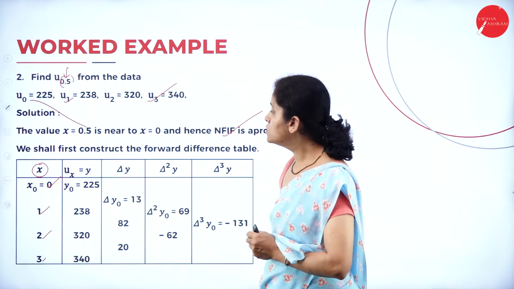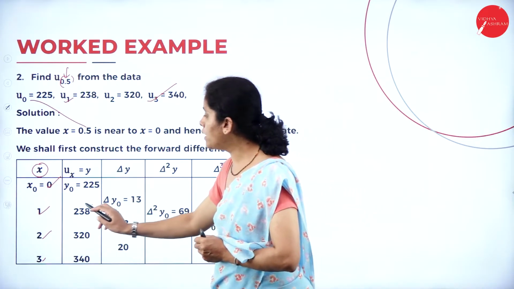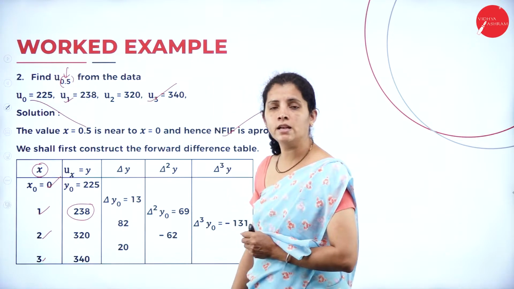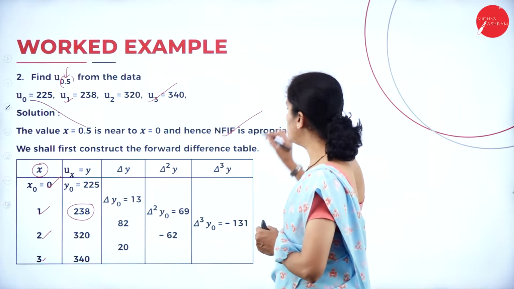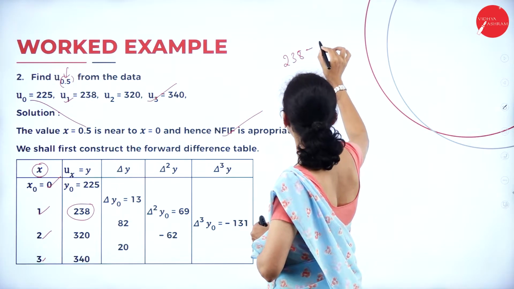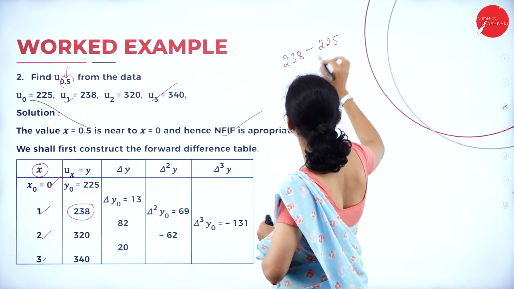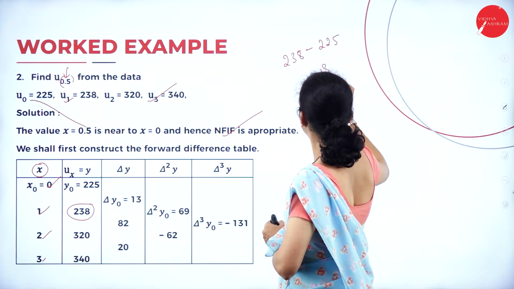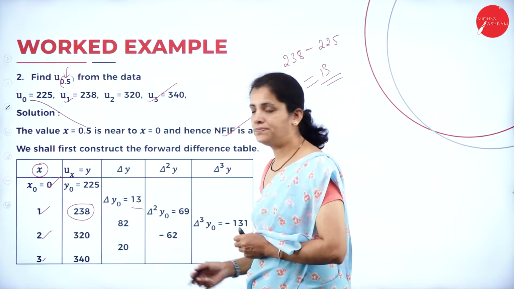Now I want to find out delta y. So delta y in the sense what? I want to consider second element minus first value. So it is 238 minus 225. So what is it? 13. So I got 13.